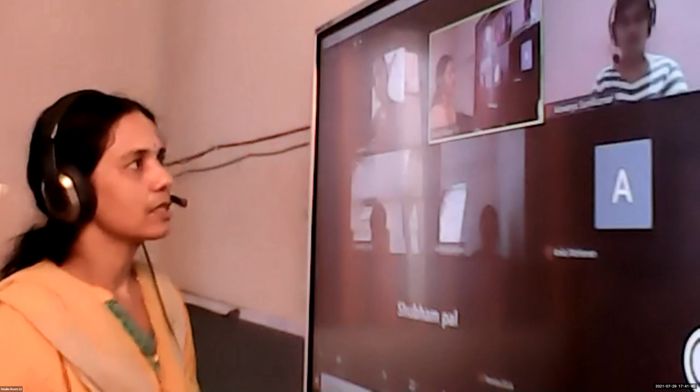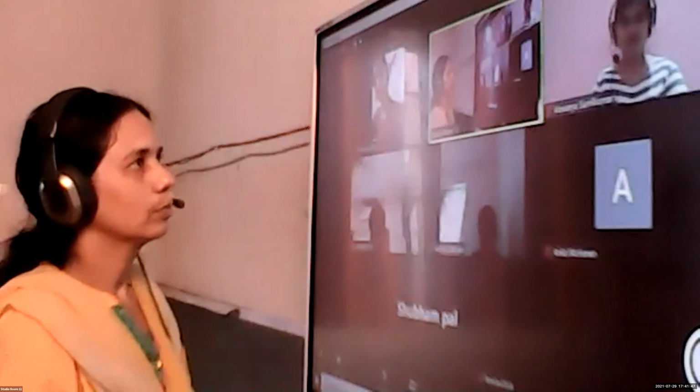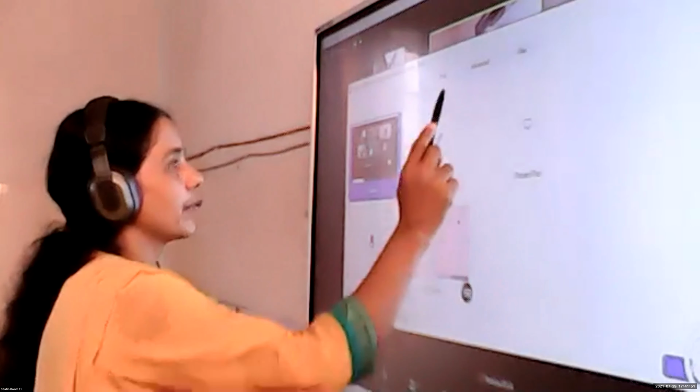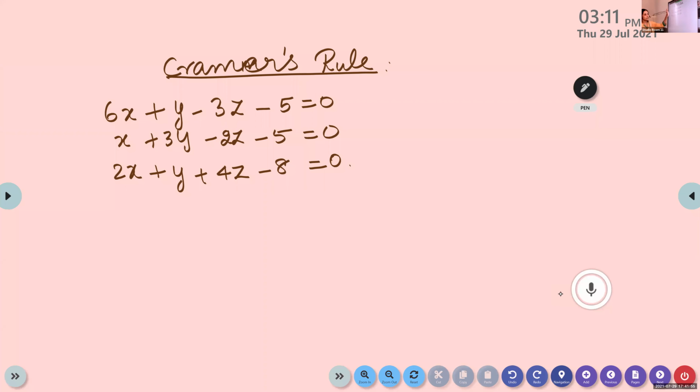This time for the first term, it is MCQ. Whenever we are asked to solve a system of equations, first try to write the given system of equations in general form. What is the general form? A1x plus B1y plus C1z equal to D1. If some terms are missing, replace them with 0.